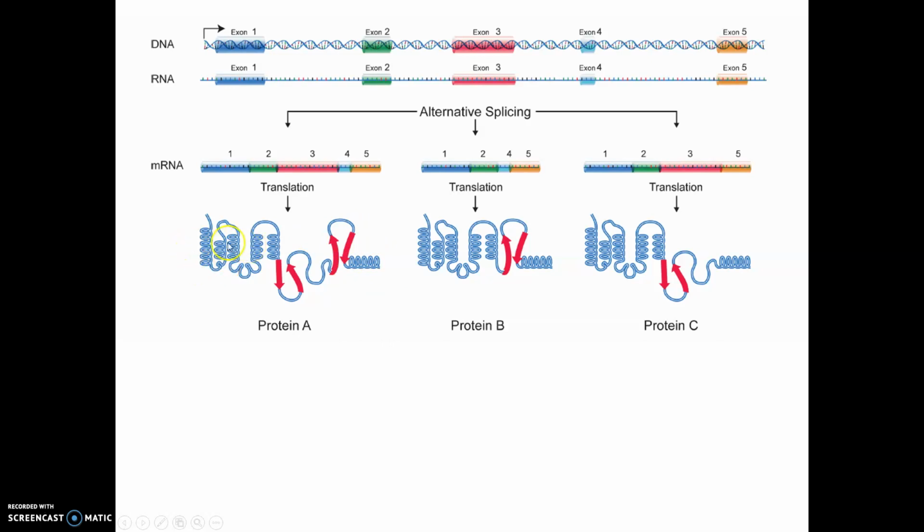So you can imagine that something like this loop might have a particular function in the protein, and this loop might have its own particular function that is different from the function of the first loop.